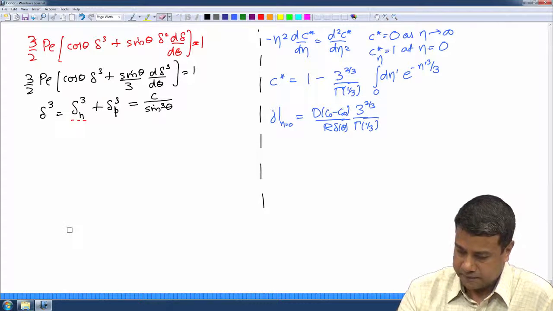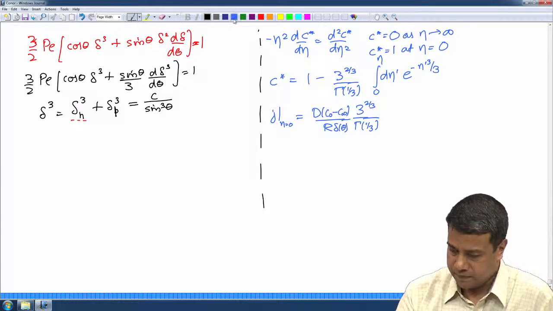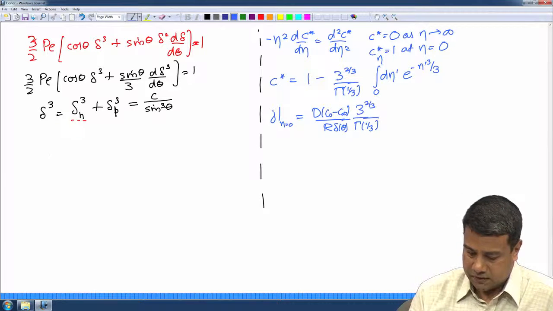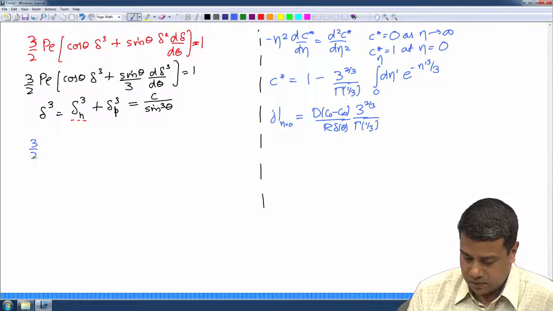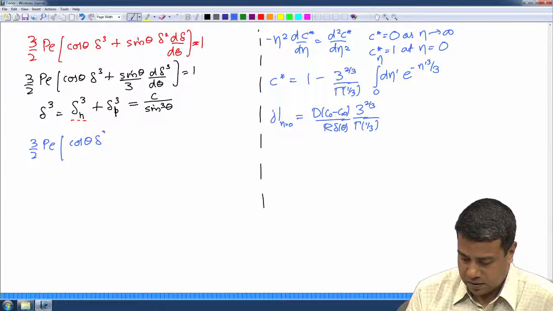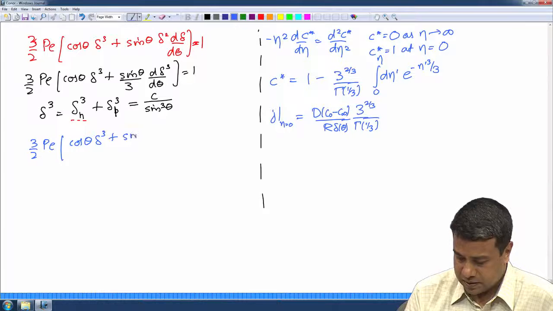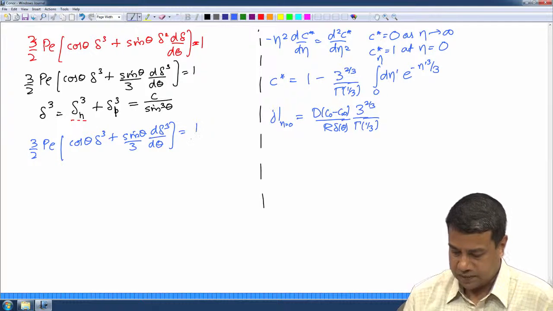So, how do I get that? I have this equation 3 by 2 Pe into cos theta delta cubed plus sin theta by 3 d delta cubed by d theta is equal to 1.